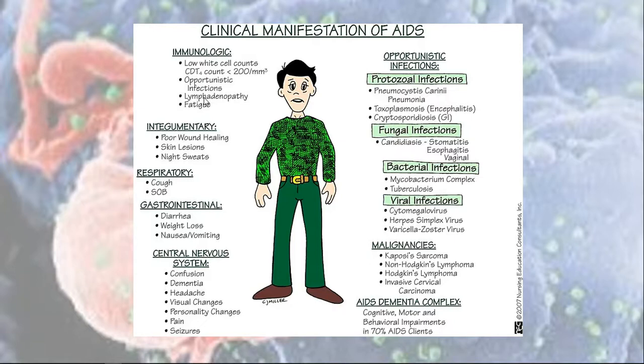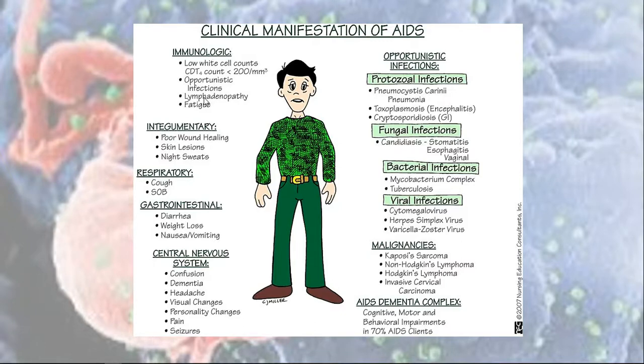They can experience a lot of pain and seizures as well. So some of the opportunistic infections that can plague our patients that are HIV positive and their CD4 count is decreasing are pneumocystis carinii pneumonia, toxoplasmosis or encephalitis, and cryptosporidosis, and that tends to affect their GI system.